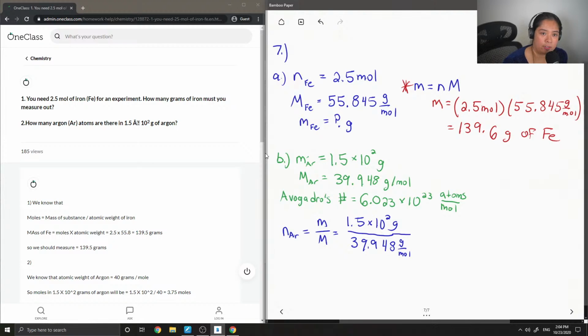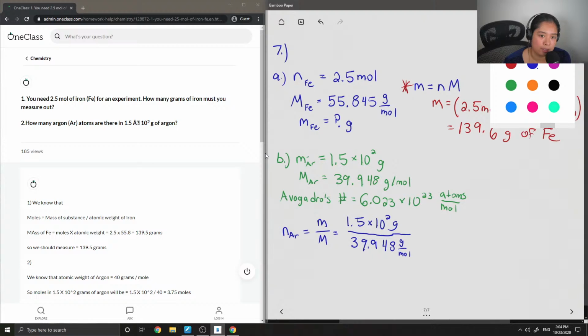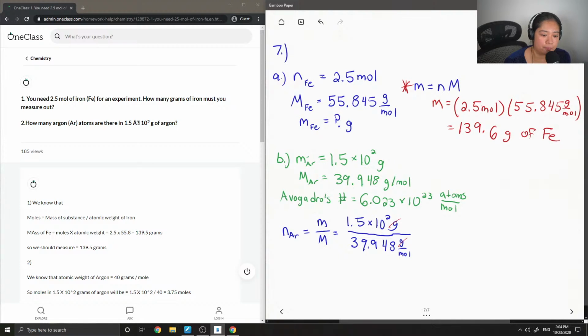If you ever get confused about which M is on top, just try to look at the units. So your grams should cancel out. And then your moles should go from the denominator to the numerator. So this gives us a final mole value of 3.75 moles. And then that's A.